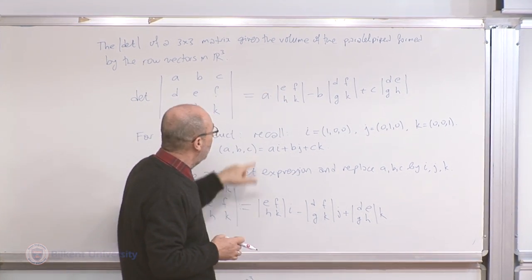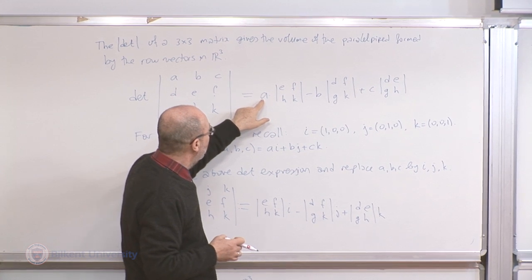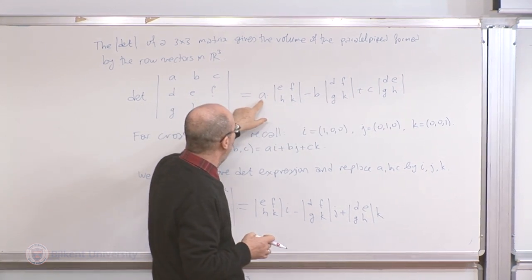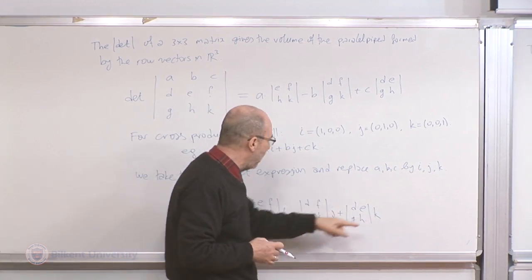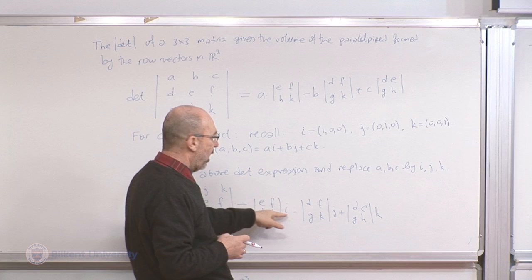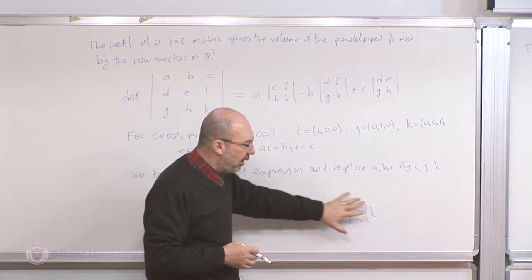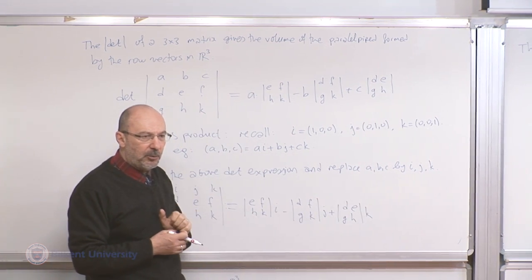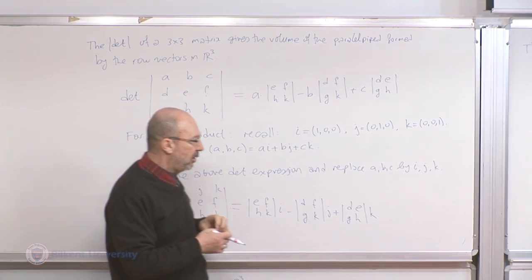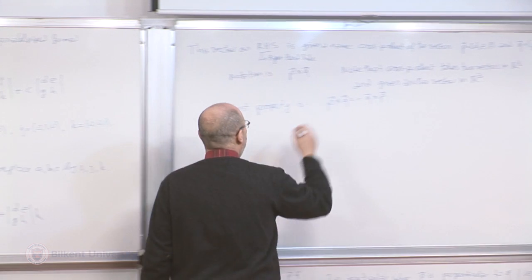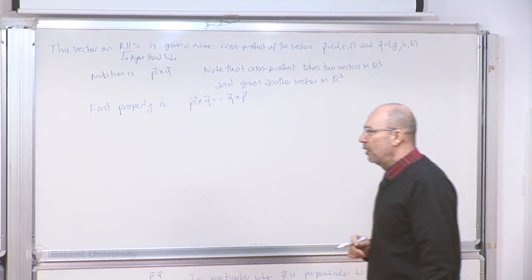But what does it mean to put D, E, F here instead of A, B, C? I come back here, instead of I, J, K, I put D, E, F. Then this side is the dot product of P cross Q with one of these vectors. So let's make that a general fact.